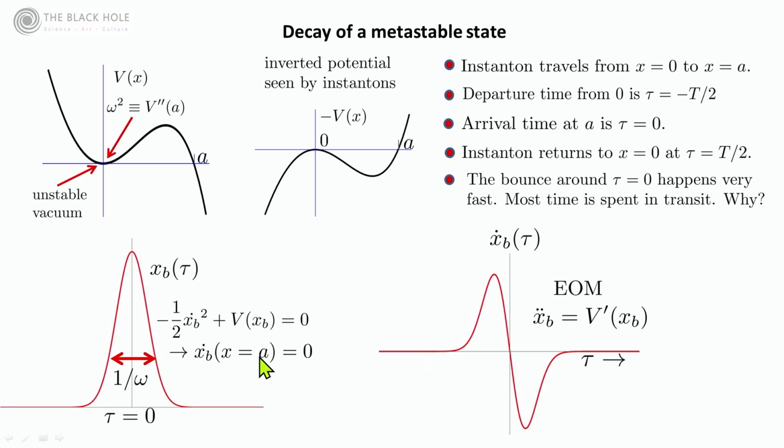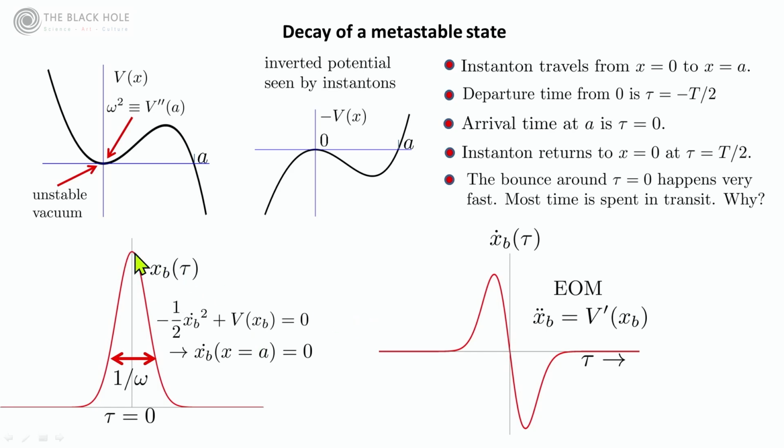So if we just differentiate this over here, xb dot, we haven't specified a V, this is general, but we can get the general outlines of the solution. So if you differentiate xb of tau, then this is what it'll look like.